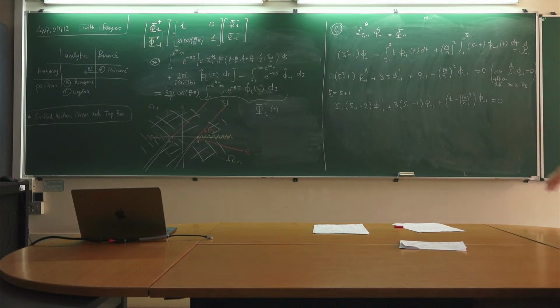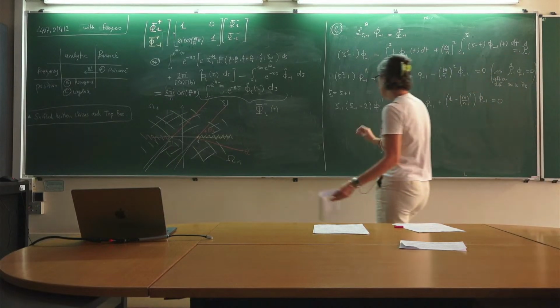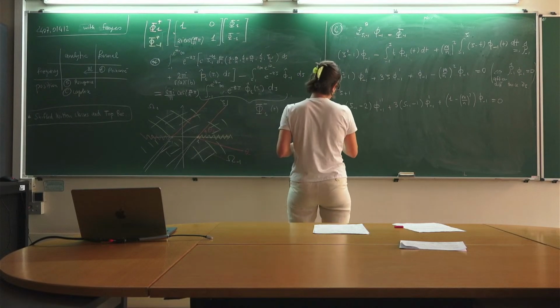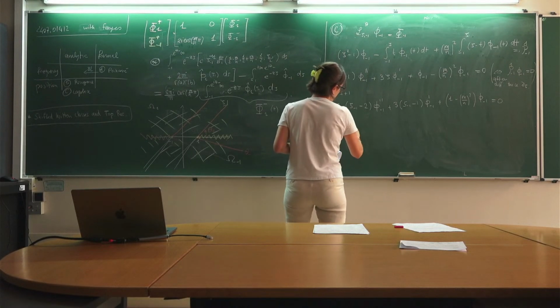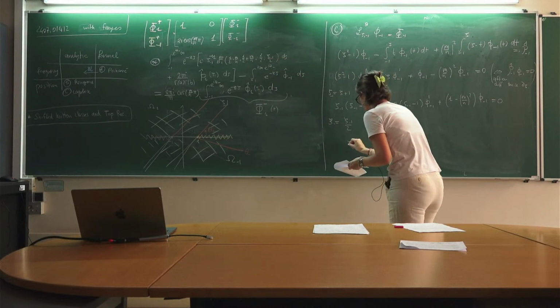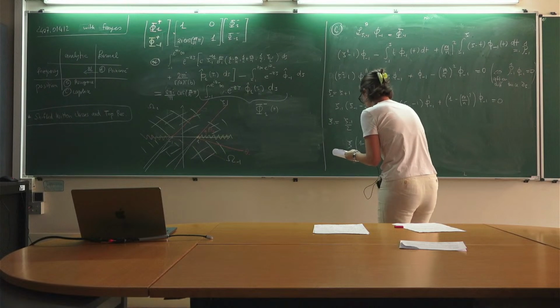And now this looks almost like a hypergeometric equation. In fact, it's enough to introduce the following coordinate, psi equal to zeta minus 1 on 2. And if you write the equation, you find the following hypergeometric equation.